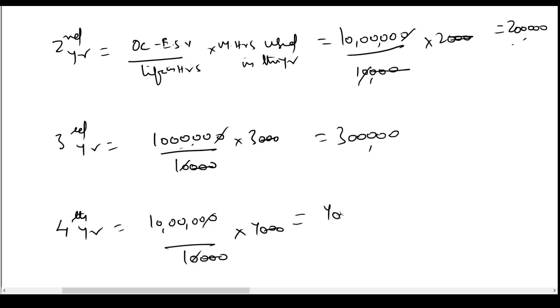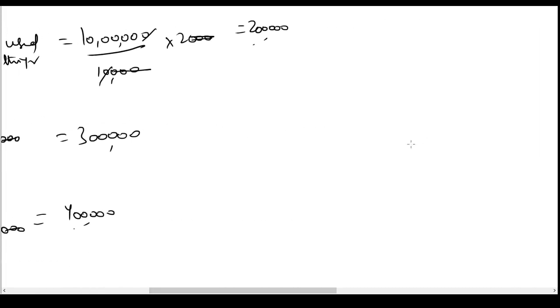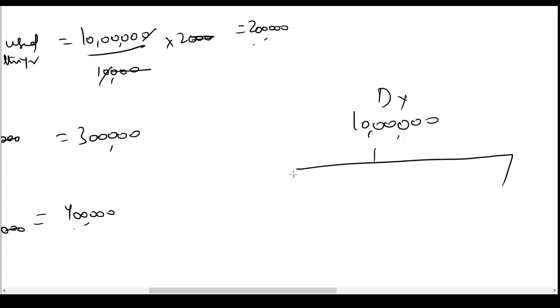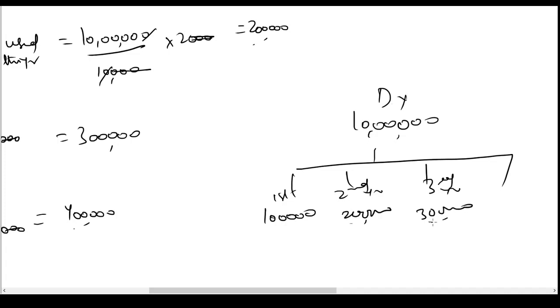So this will be 4 lakh rupees. So this is how we are going to spread the depreciable value. This 10 lakh rupees of depreciable value has been spread over the life. 1 lakh for the first year, second year 2 lakhs, third year 3 lakhs, fourth year 4 lakhs.